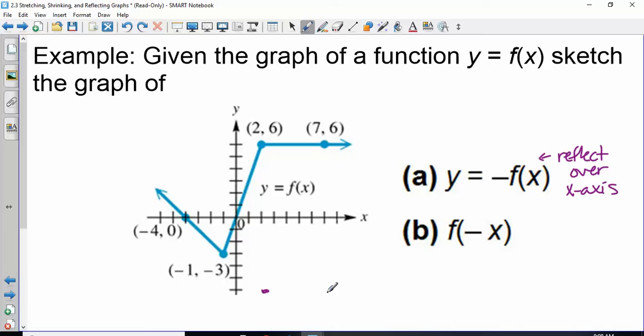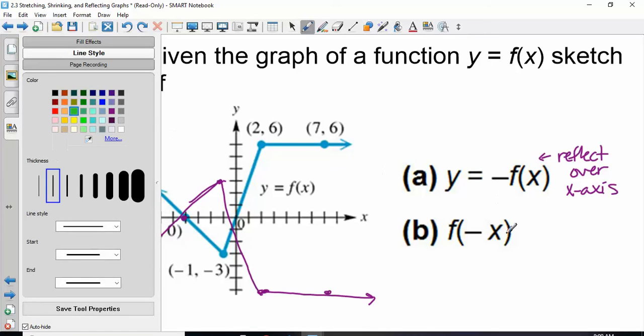This would go to 7, negative 6. So that little piece gets moved down here. This was at -1, -3. Where does it go? -1, +3. -4, 0. Does that move? No. If I make my y negative, there's no negative 0. It's the same. I'm missing my points today, but we get something roughly like that.